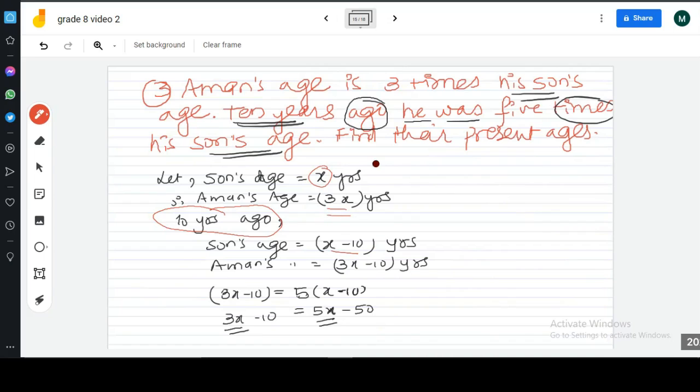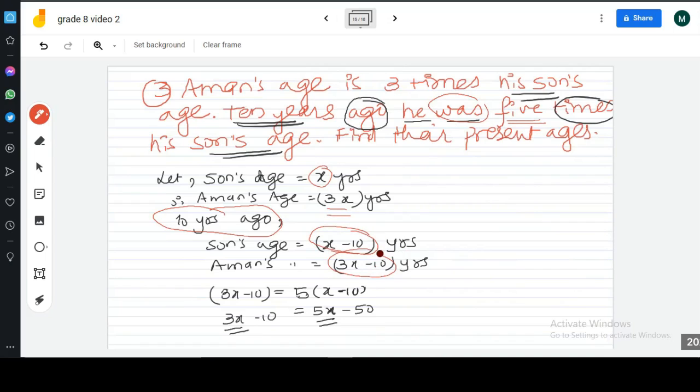So now a relation is given between these two ages. What is the condition given? He was, so 10 years ago he was 5 times his son's age. So these are the ages before 10 years, and Aman's age, or his father's age, is 5 times his son's age.